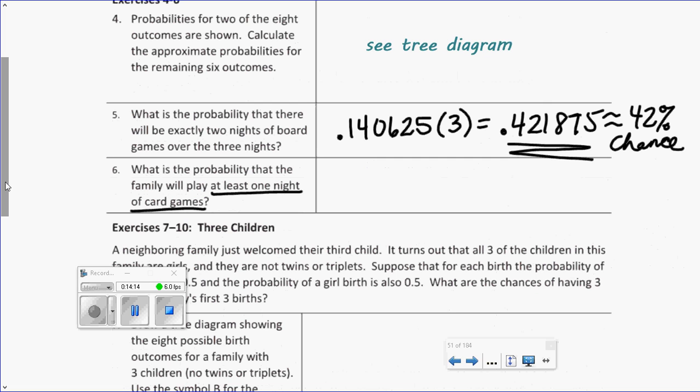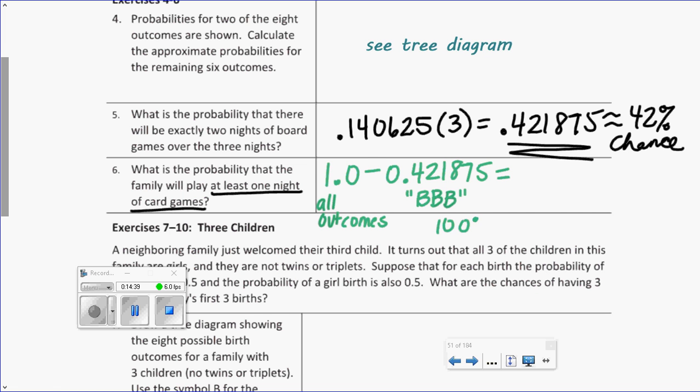So it's 1.0 minus 0.421875, because this is all outcomes, and this is the BBB outcome. So we're really just taking that one away from 100%. And you could do that too.